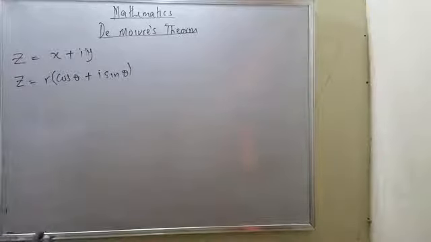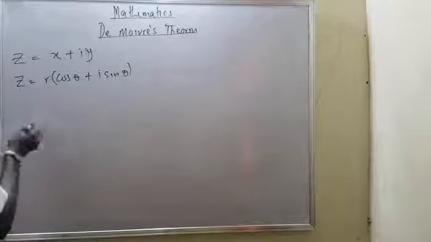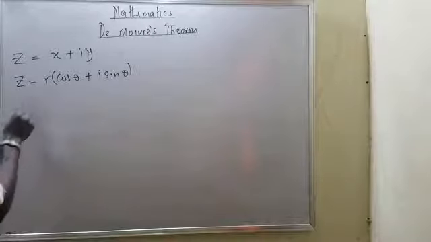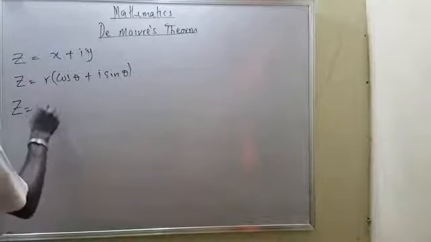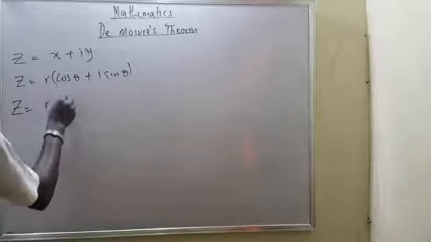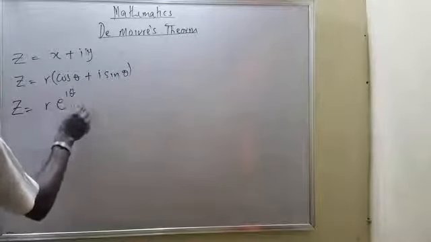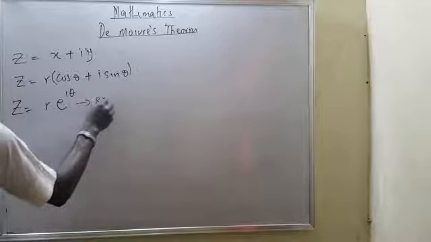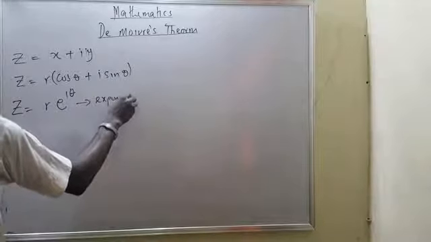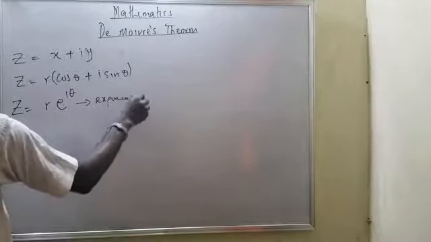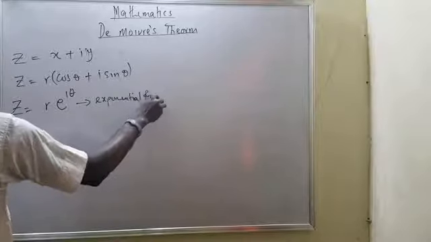Since I know this, I can say that z equals r e to the power i theta, which is called the exponential form.